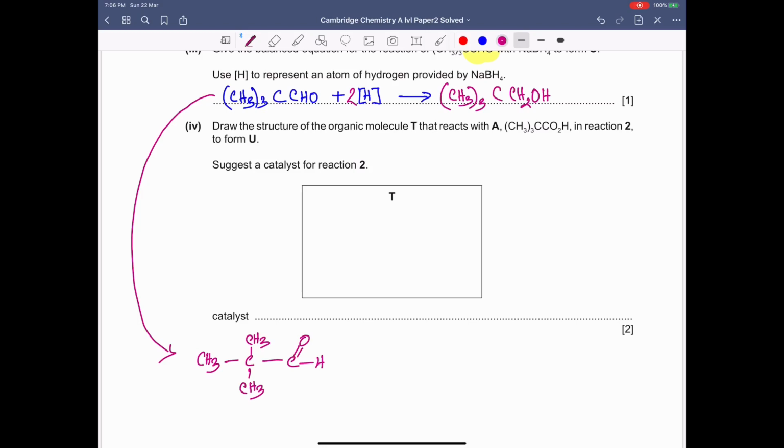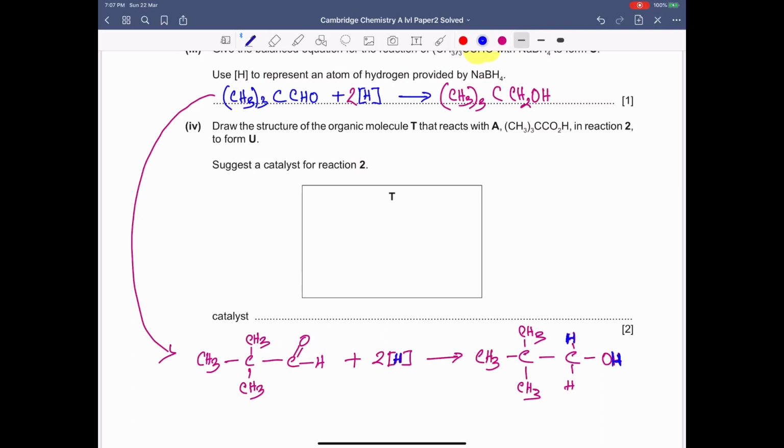As you can see, this is an aldehyde, and aldehydes will be reduced to primary alcohols. So it's going to be CH3CH2OH. This is the new hydrogen that has been added. Alright, I've color coded it so that you can have a nice look at it.